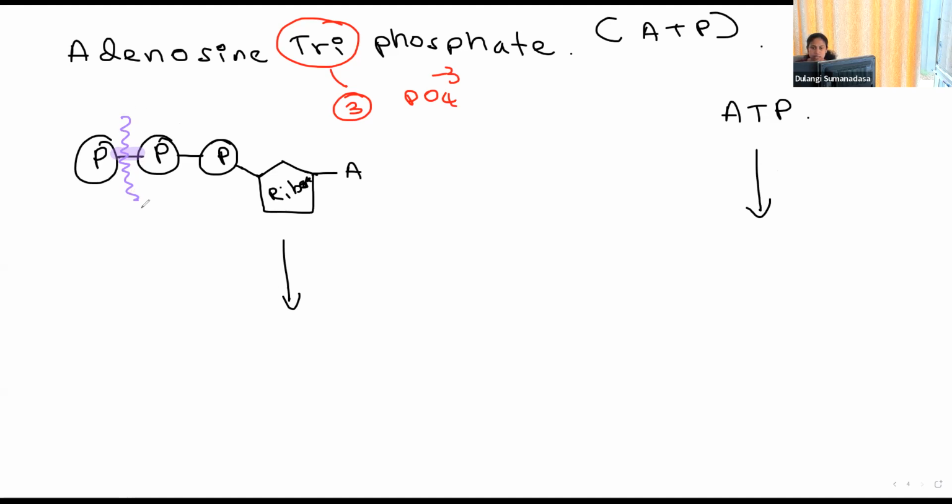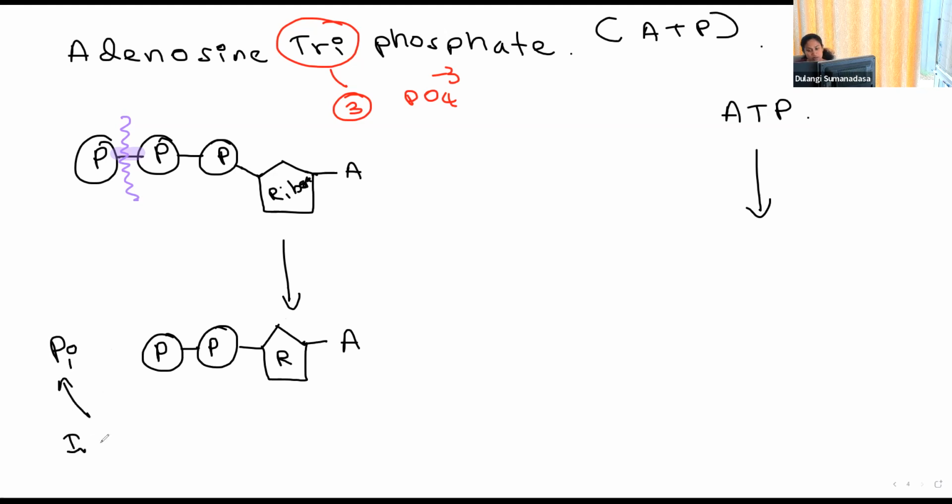Because we are breaking down the last phosphate bond, now ATP has only 2 remaining phosphates. Ribose R. But the broken down phosphate you must write as the inorganic phosphate. This is what you're going to write throughout the photosynthesis. Write it down.